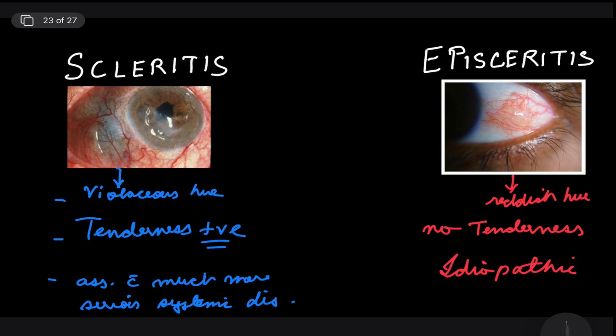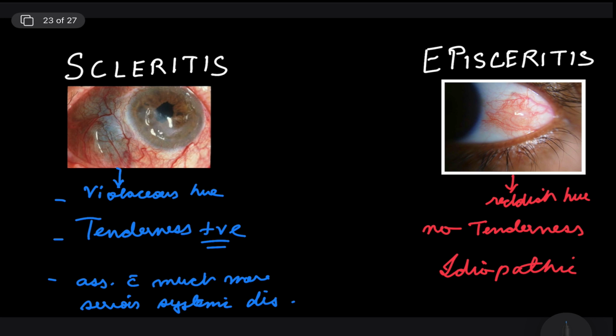Now, although I have provided two pictures over here, in clinical practice, from what I have been told, and as of now, as I'm recording this video, I have not encountered episcleritis or scleritis cases in my clinical postings. But from what I have been told, it is often not as black and white as this picture would have you think.